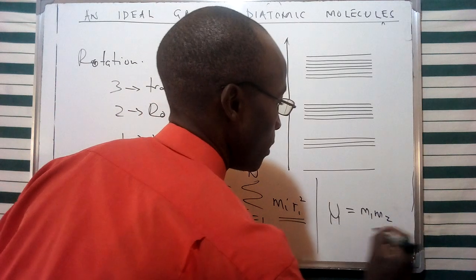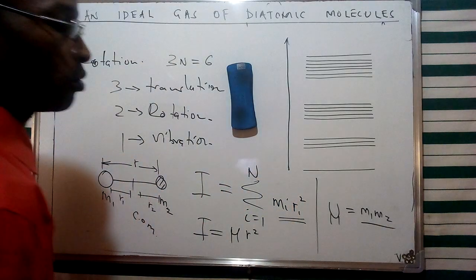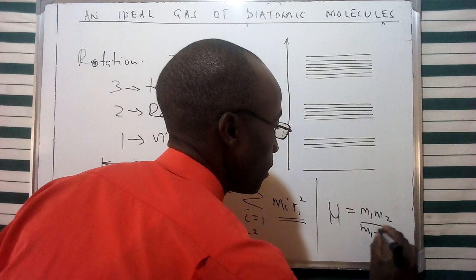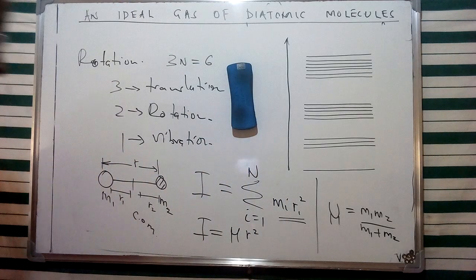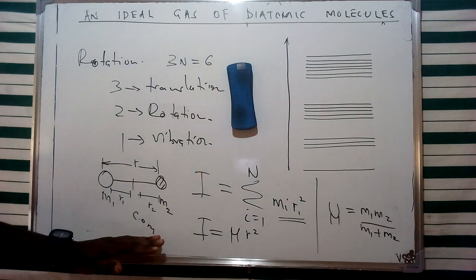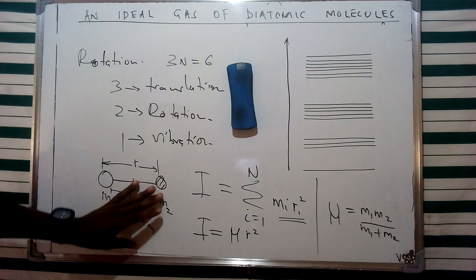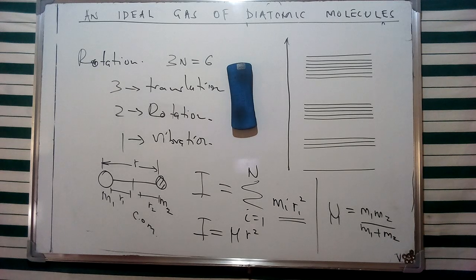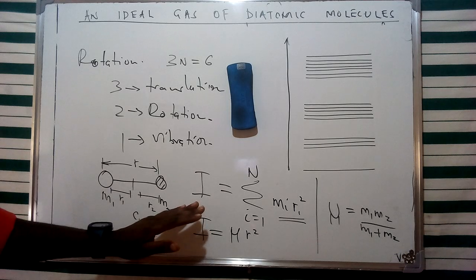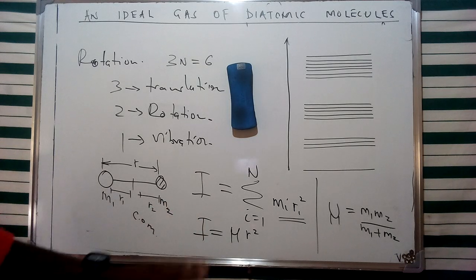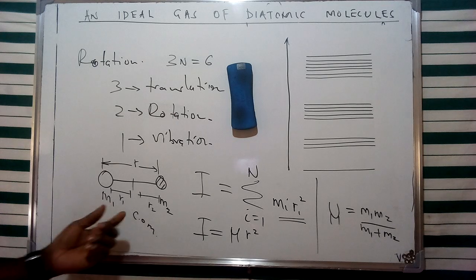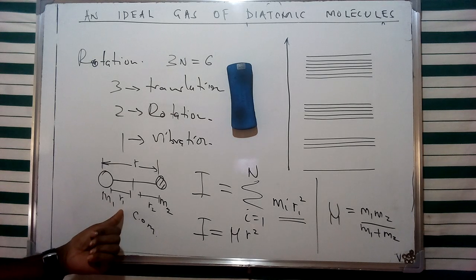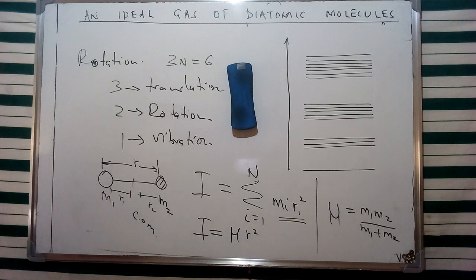This was the product of M1 and M2, divided by the sum M1 plus M2. Now, this gave us these two specific aspects that are going to determine the rotational properties of this molecule. We mentioned that this constitutes the moment of inertia and the distance from the center of mass, which I've given in terms of the two radii, R1 and R2 respectively.